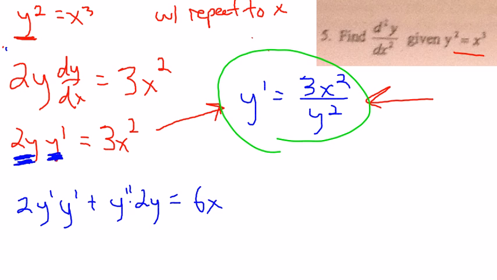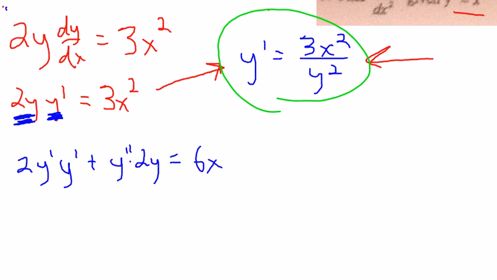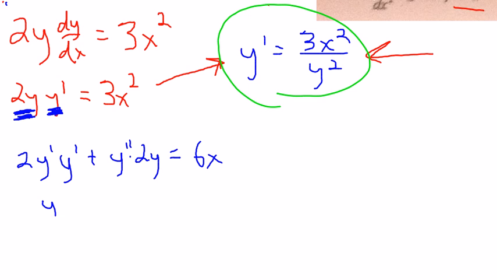So I didn't do this on the study guide, but notice that everything here is divisible by 2. So I'm going to make it easier for myself and write this as y prime squared. So I'm going to divide everything by 2, plus y times y double prime, is equal to 3x.